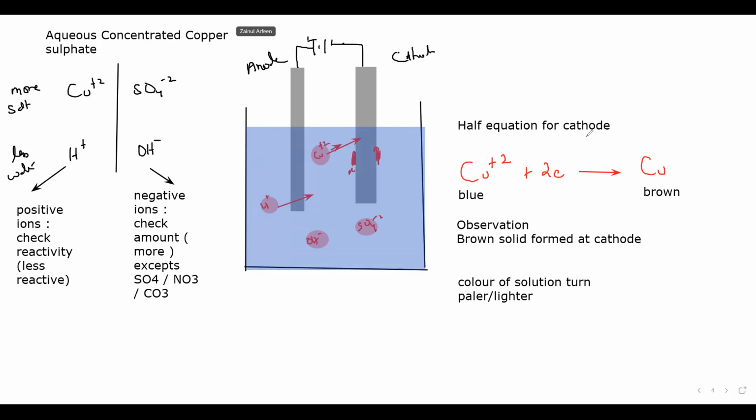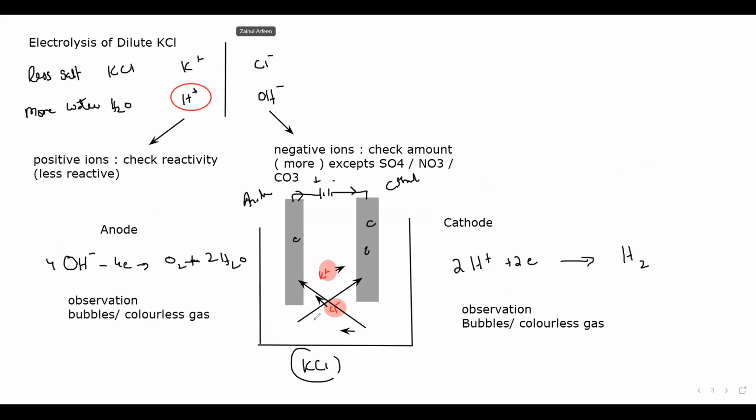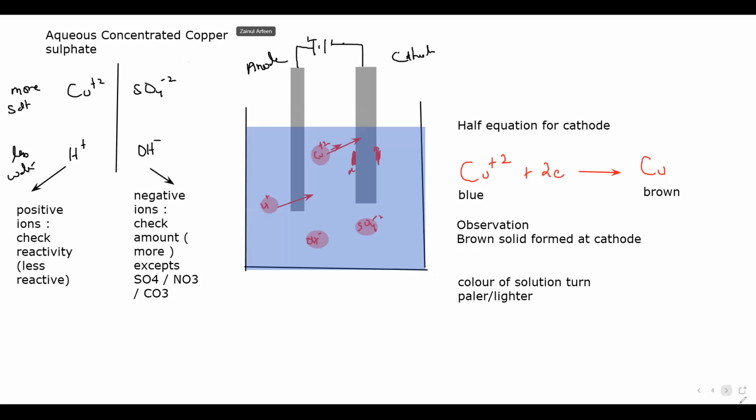Is it clear, the half equation for cathode and the observations till this point? Any doubts? In the previous examples I was not using any color of the solution, because whenever group 1, 2 and 3 ions are there, they are all colorless solutions. But copper solutions are always blue in color due to the presence of copper ion. So as the amount of copper ion decreases, the solution will turn lighter.